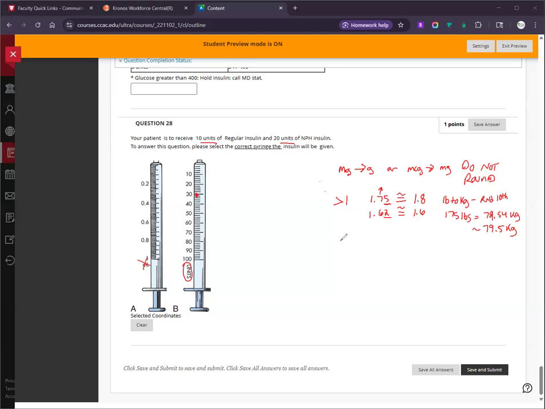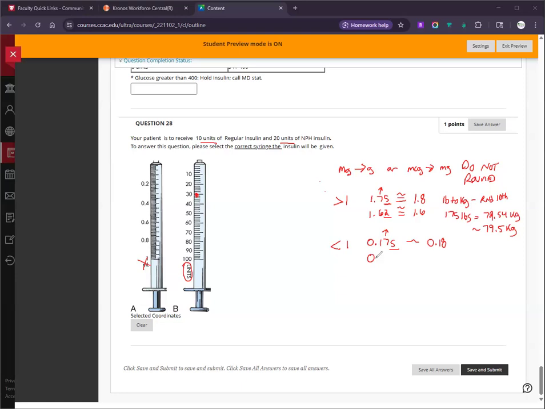If you have a number less than 1, you're going to round to the nearest hundredth place. So let's say I have an answer like 0.175. I'm going to look at the thousandths place and then decide, do I want to round up or not round? So for this one, I would round to 0.18.